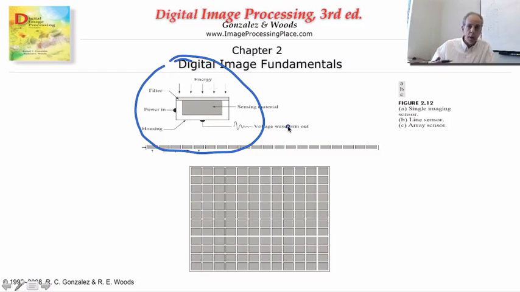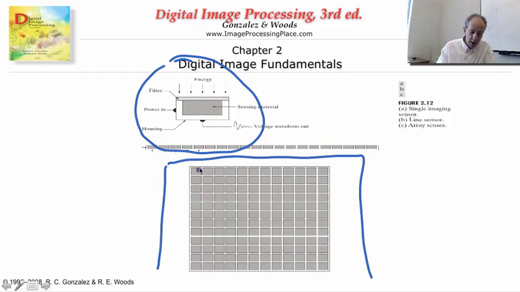And normally what we're going to have on a regular camera is a two-dimensional array of these sensors. So each one of these is going to be one of these. Normally they are arranged in a square or rectangular fashion as we see here. So we have a discrete number, and when we go and buy digital cameras, we hear that this is about 1000 by 1000.